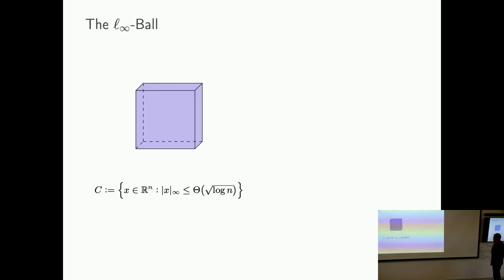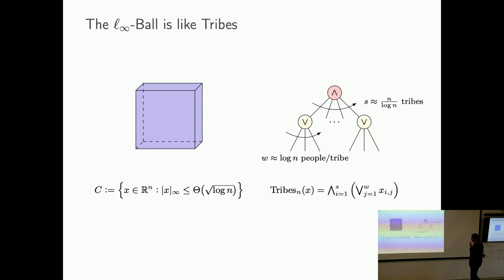And another extremal natural convex set is the L infinity ball, the cube. Again, we're scaling it so that the Gaussian measure is 1/2. This goes back to Yu's point from earlier about what if the set is far away from the origin. And the analog of the L infinity ball turns out to be this function called the tribes function, which is an AND of a bunch of ORs.